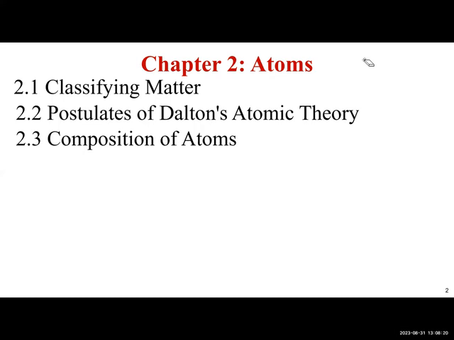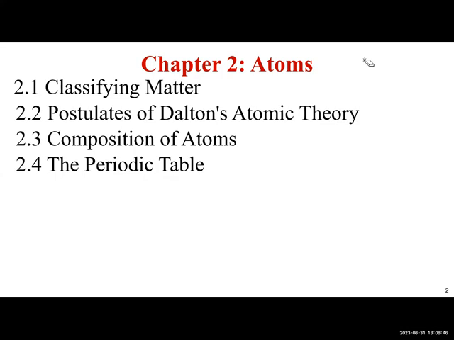The composition of the atom is going to be discussed in terms of electrons, protons, neutrons, 3 subatomic particles. We're going to look into the periodic table. You must have seen a periodic table in the high school labs or chemistry department lecture rooms.